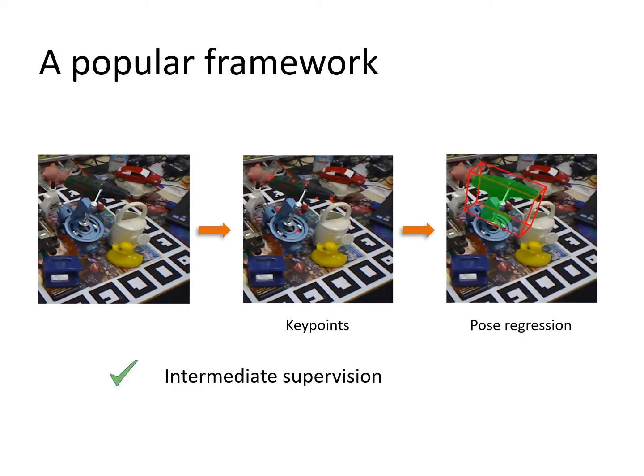A key advantage of this framework is that key points allow us to instill intermediate supervision rather than basically pose labels. Another advantage is that the pose regression step leverages geometric constraints, which are unavailable in black box end-to-end neural networks.